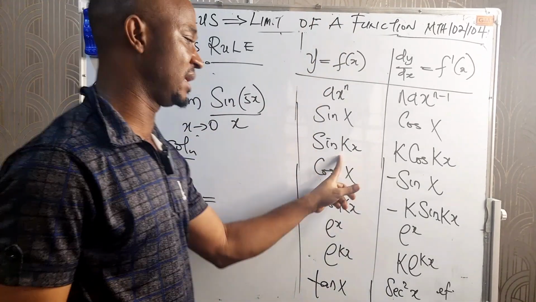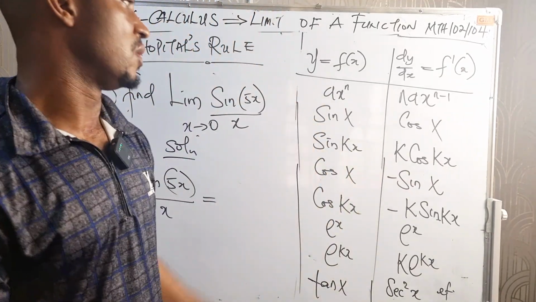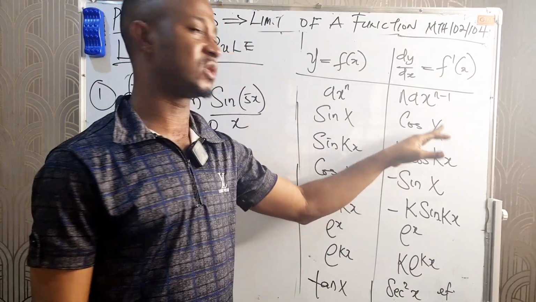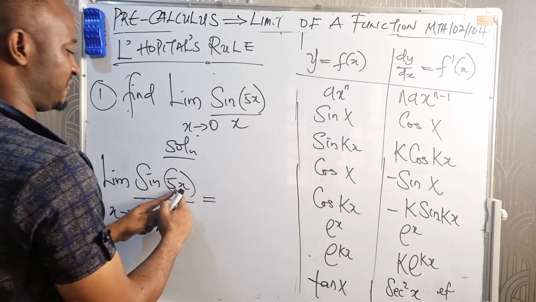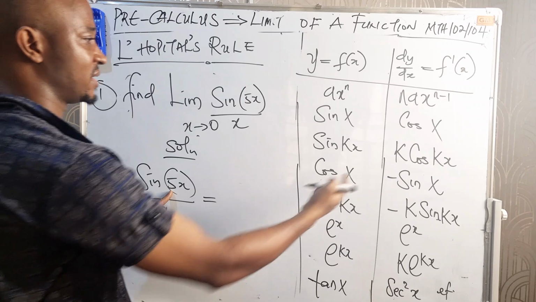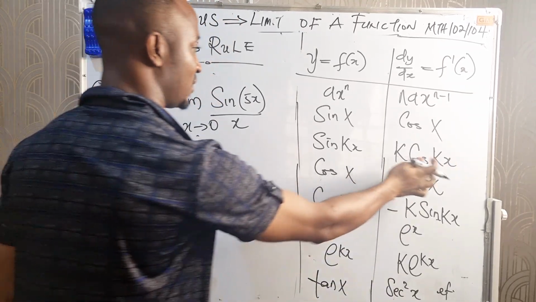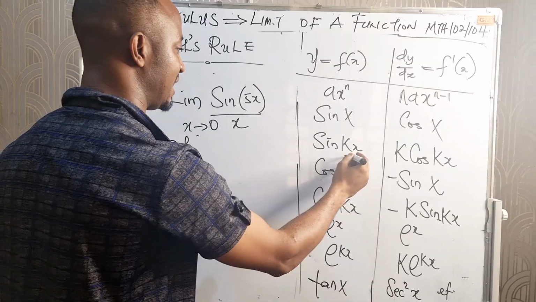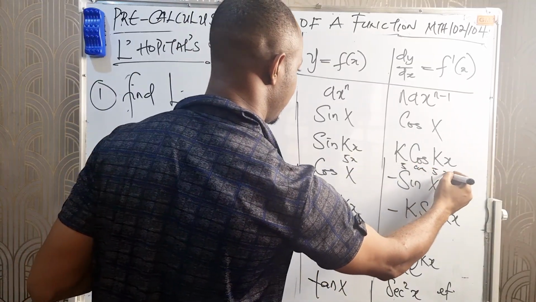It is simply sine kx, and sine kx means k cos kx. Differentiate sine kx, like for example sine 5x, k is 5. The result is k cos kx, so here becomes 5 cos 5x. Is that clear?